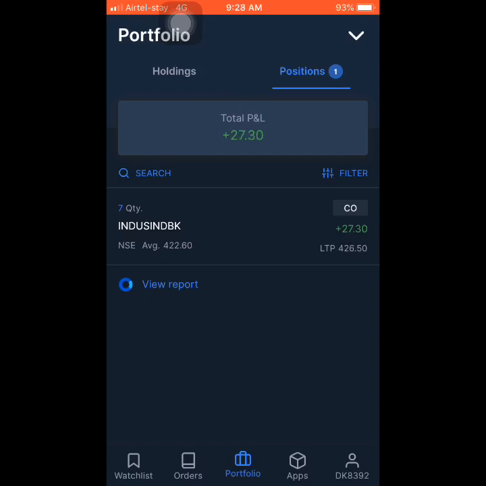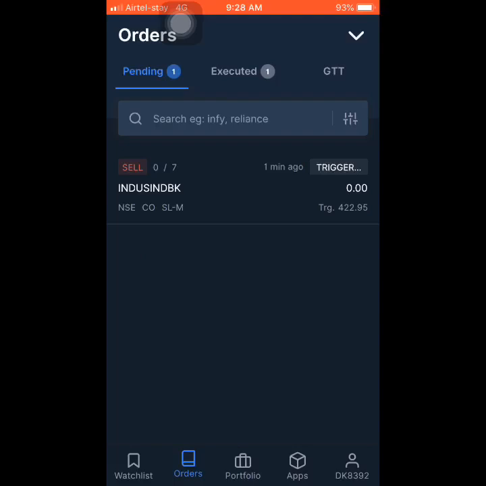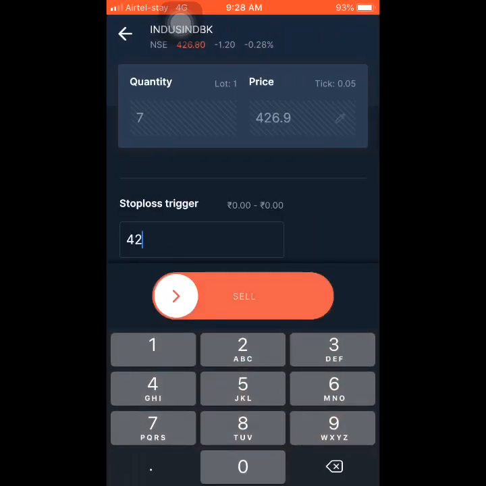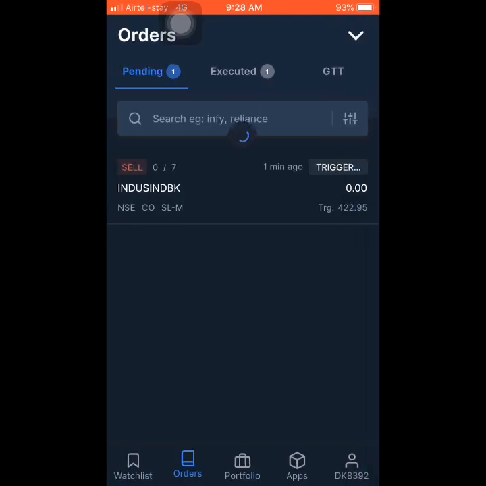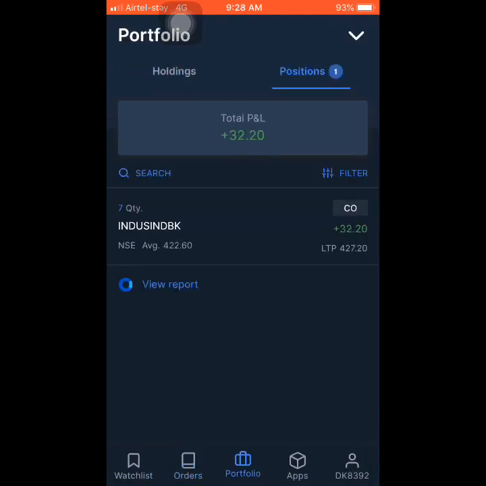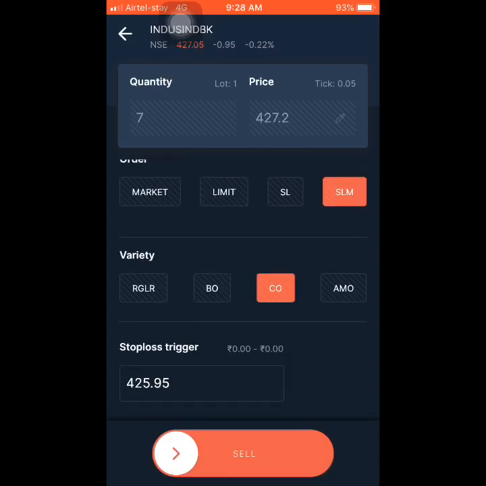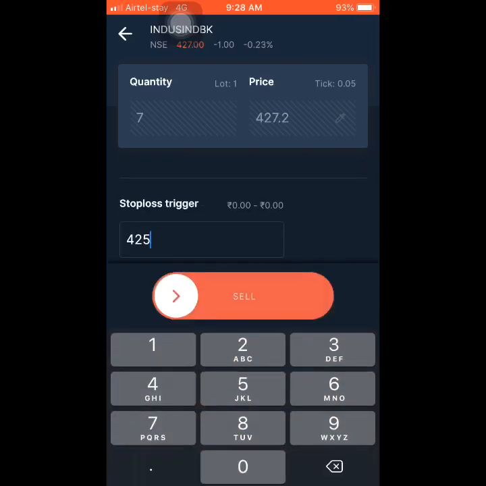The time is 9:28. We can modify our stop loss to 425. Yeah, our target has been hit. Now we can exit, market order, and just modify the stop loss, like trailing the stop loss.